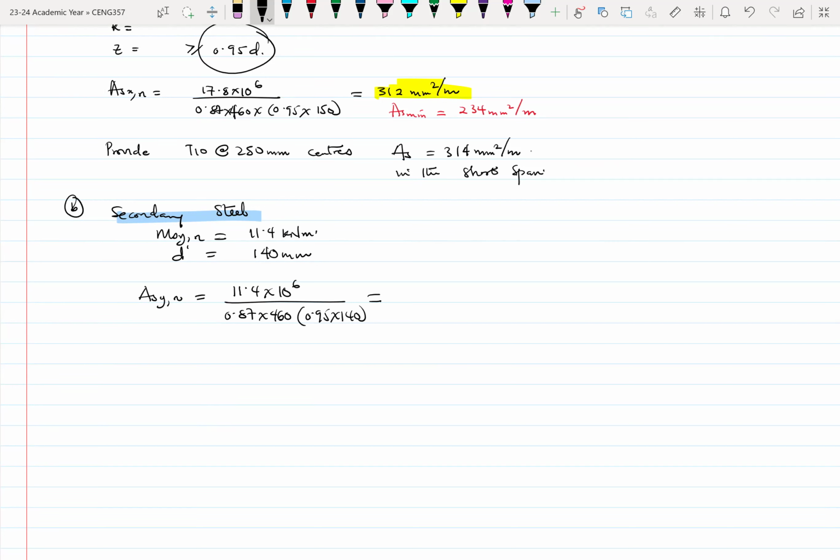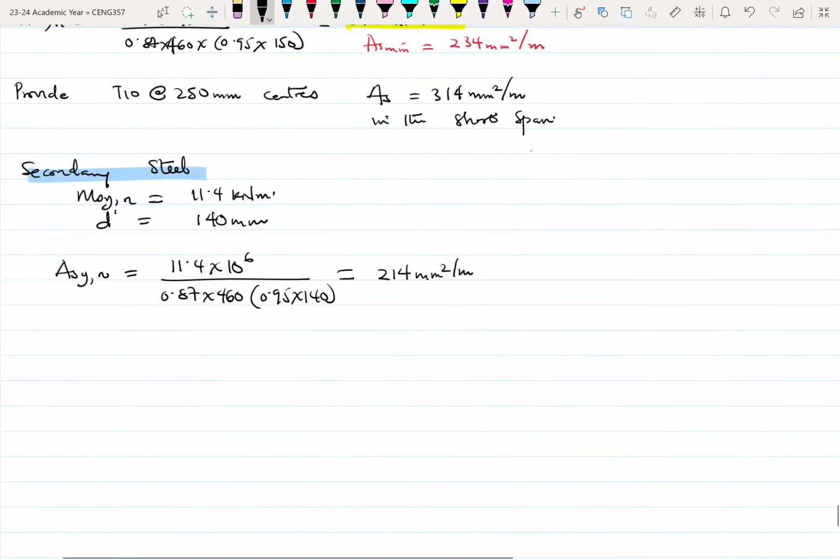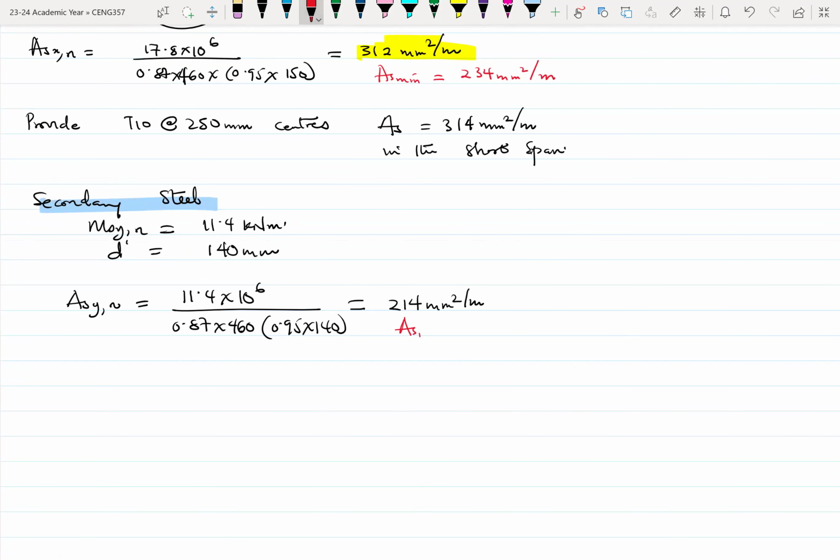So we get 214 millimeter squared per meter. But again, we will see that our AS minimum, which is 234 millimeter squared per meter, is more, so we go with that. It will work almost the same as the other two that we calculated. Here our AS, I think, we had 262.